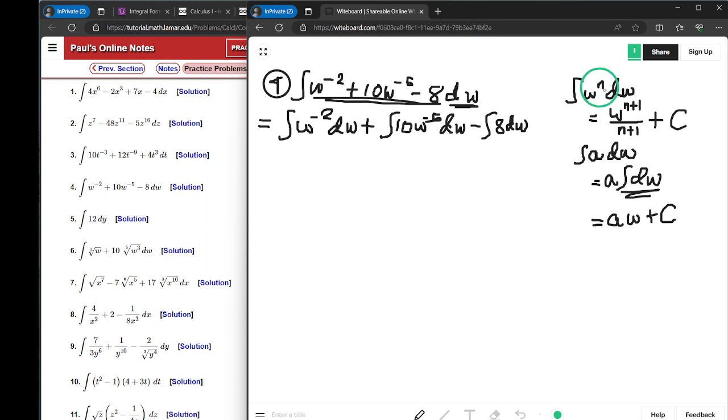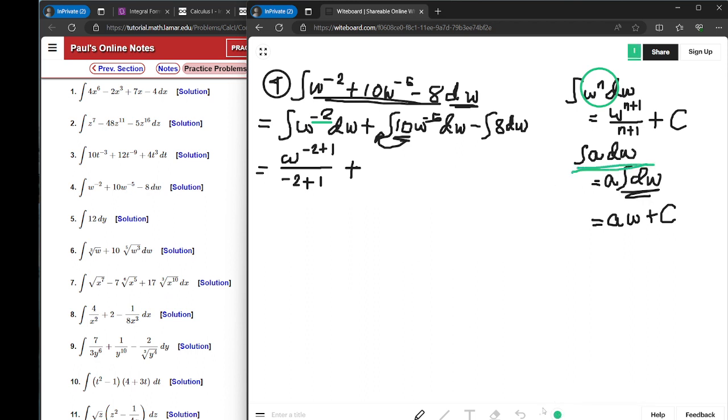So for the power w raised to n, in this case, our n is negative 2. So this will become w raised to negative 2 plus 1 divided by negative 2 plus 1. Then, again, we can move 10 outside based on this property.